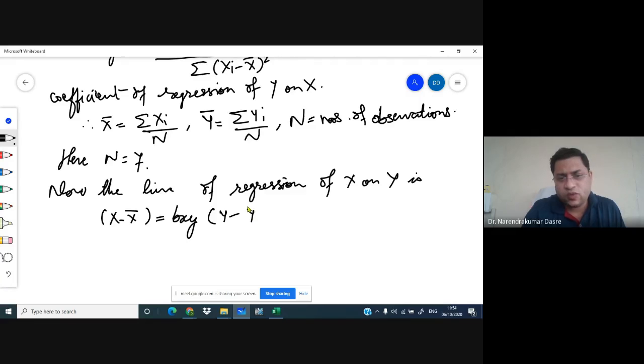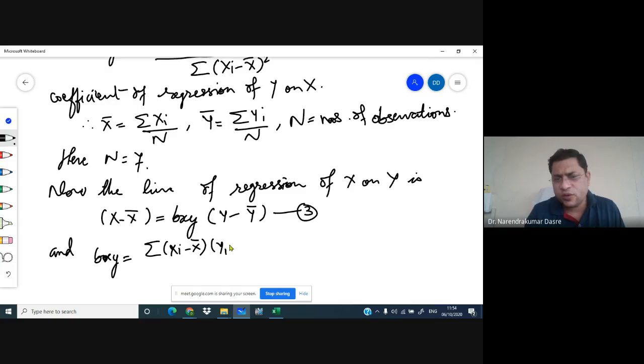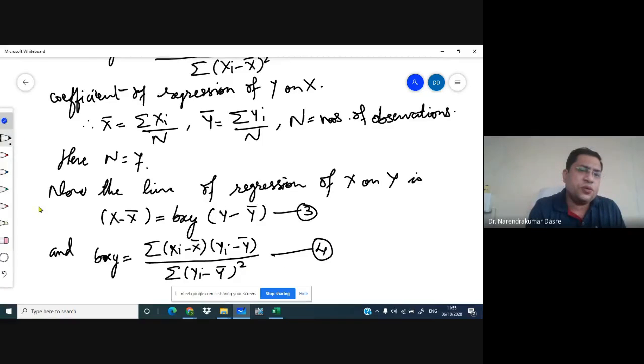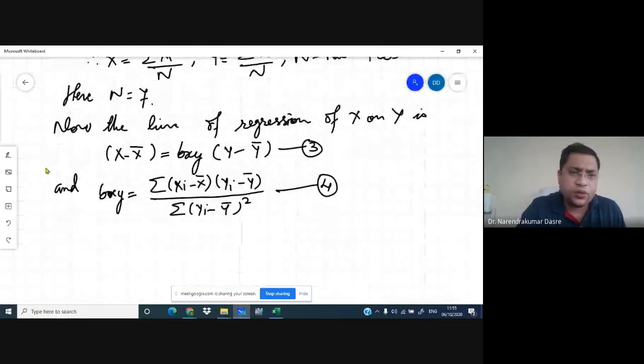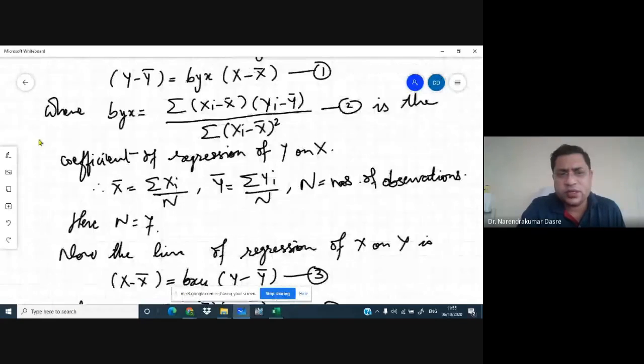Okay, this is equation 3. And bxy is going to be summation xi minus x bar, yi minus y bar, over summation yi minus y bar squared, is going to be 4. Okay, so we have written all the necessary equations.